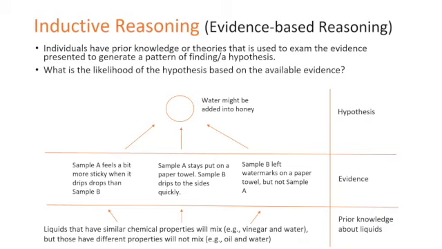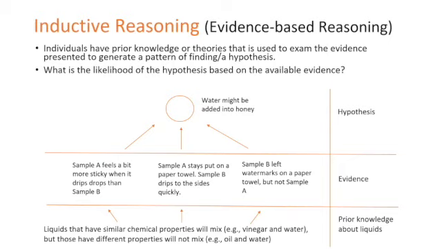Then in the video, I saw sample A stay put on a paper towel, but sample B dropped to the side quickly and it left watermarks on the paper towel. These were my evidence from my observation. So I hypothesized that water might be added into honey.